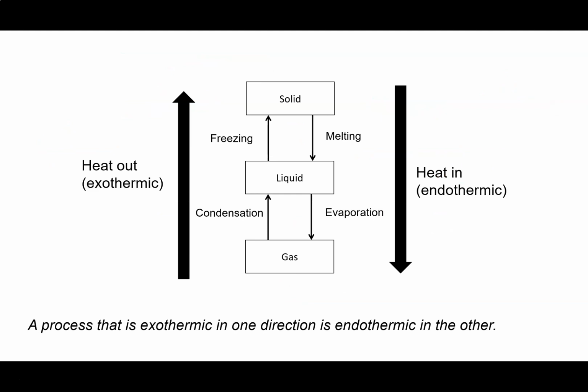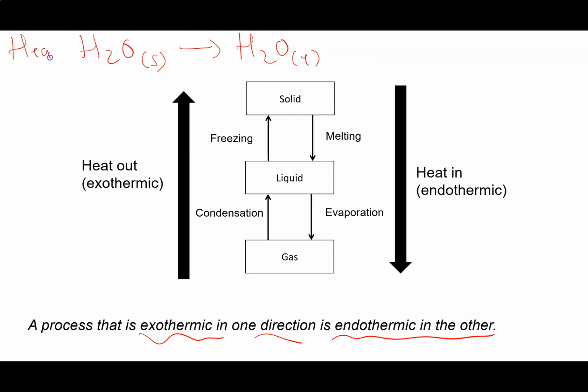Okay, so this is the important thing, and I mentioned this previously, that a process that is exothermic in one direction will be endothermic in the other. So if a reaction is flipped, you know that the change in energy is going to be different. If I want to go from solid water to liquid water, that's melting ice.